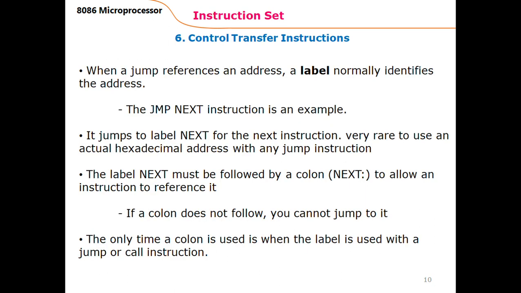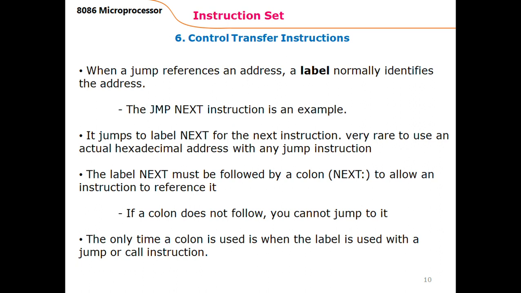When a jump references an address, the displacement, which was 4 in the previous example, normally is not the practice. The jump address is provided through a label, which normally identifies the address to where the jump has to happen. So, for example, the jump next instruction is an example. It jumps to label next for the next instruction.